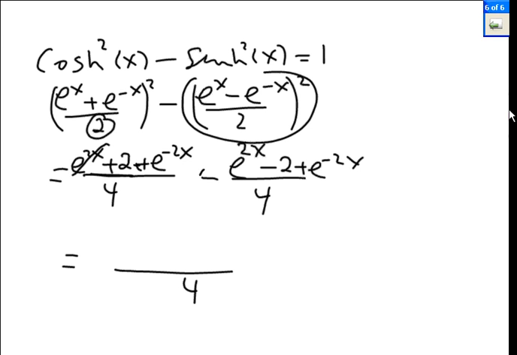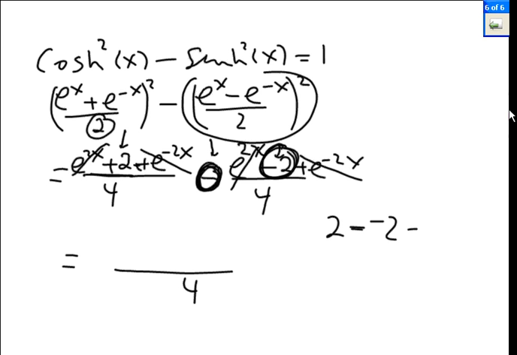E to the 2x minus e to the 2x, bye-bye, it's 0. Positive e to the minus 2x minus the same thing, that is 0. Positive 2 minus negative 2 is 4. And of course, 4 over 4 really does equal 1.